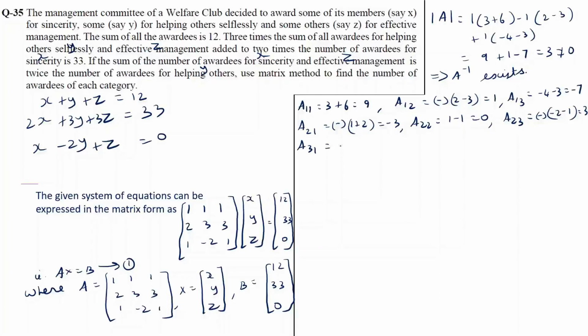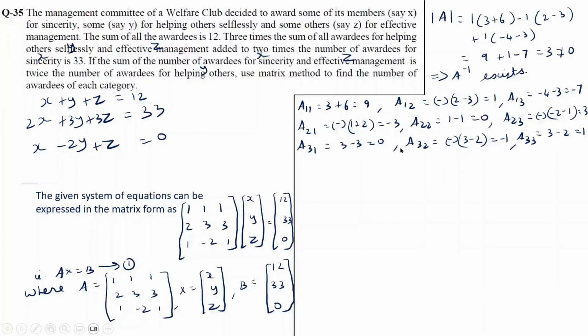Then A31, leaving third row, first column, is 3 minus 3, which is 0. Then A32, leaving third row, second column, is minus of 3 minus 2, so it is minus 1. And the last cofactor, A33, is positive 3 minus 2, which is 1.